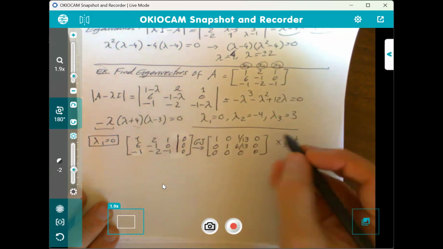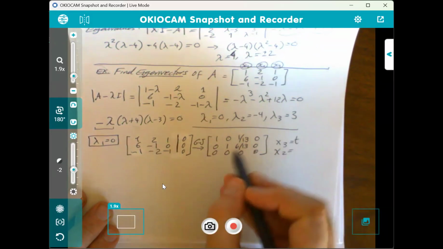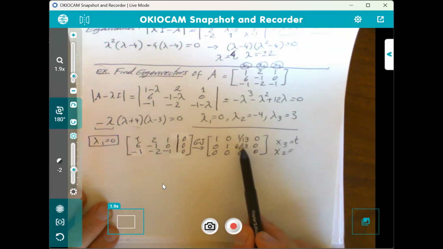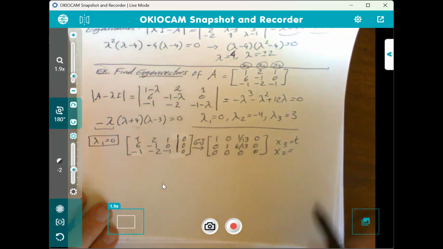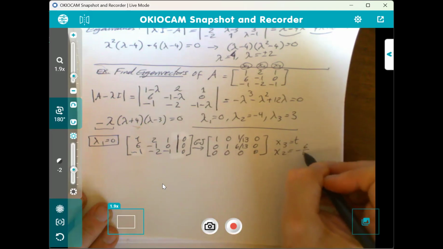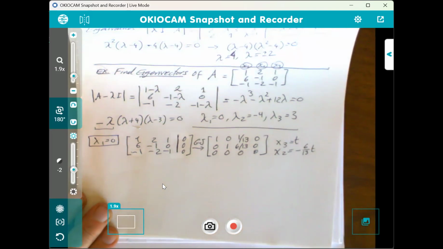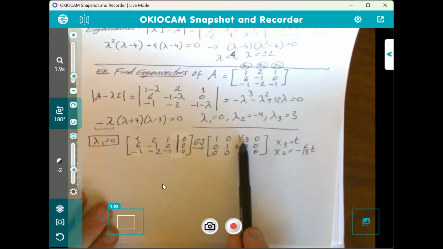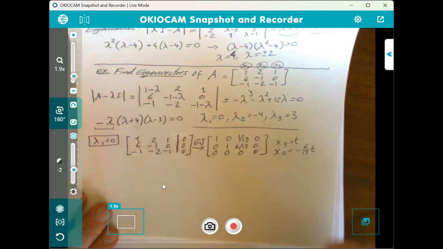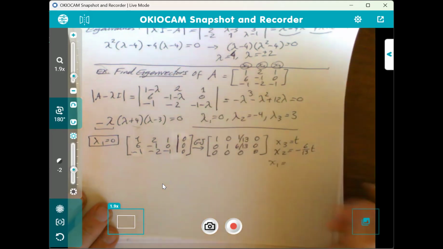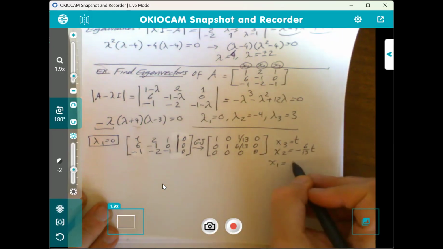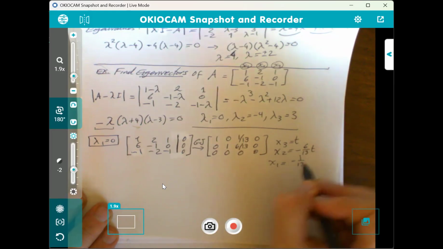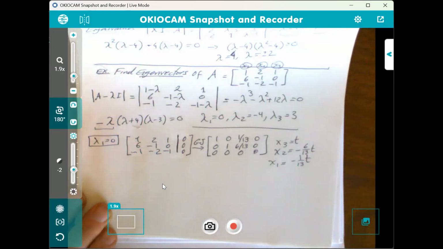And once that is determined, then x sub 2 moves 6/13 to the other side, becomes negative 6/13, right? So that's negative 6/13 t. And then once we have that one, the first variable, x sub 1, is going to be what? Move 1/13 to the other side, becomes negative 1/13 x sub 3, which is t.